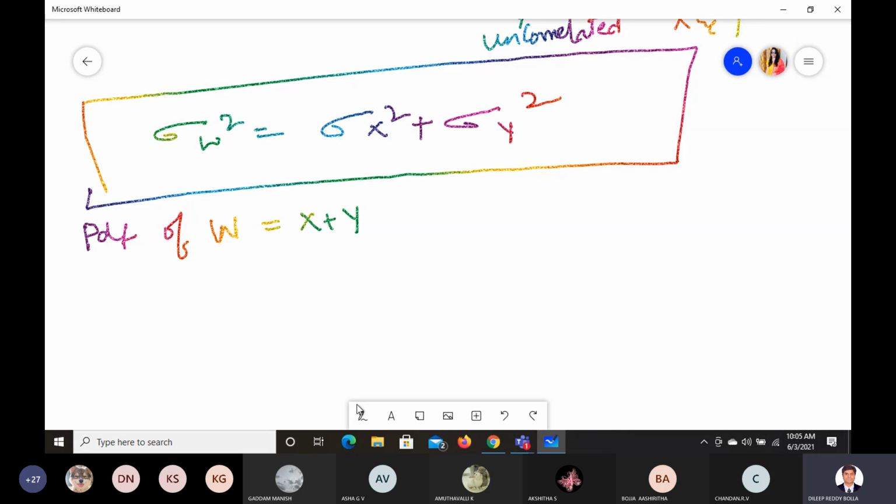Now we are at this juncture where we are trying to find the PDF of W. This is what we are trying to see today.